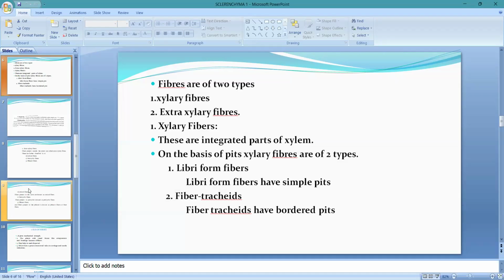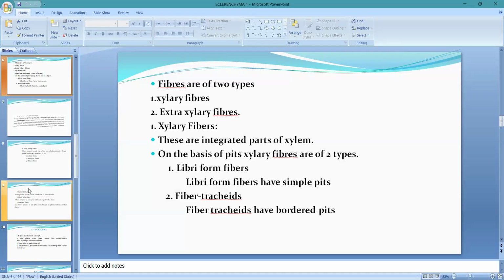Some fibers originate in the cortex or in the ground tissue; those are called cortical fibers. The name is given based on the place of formation. Examples: grasses and palms, Casuarina.